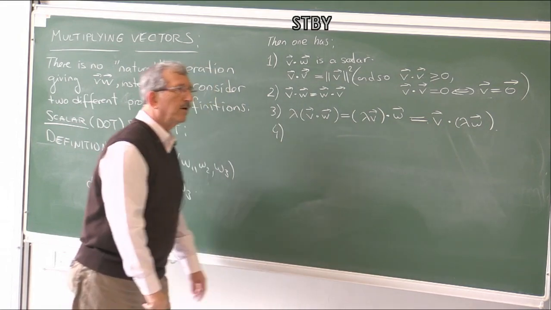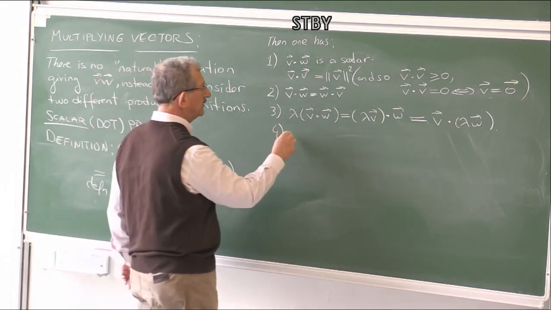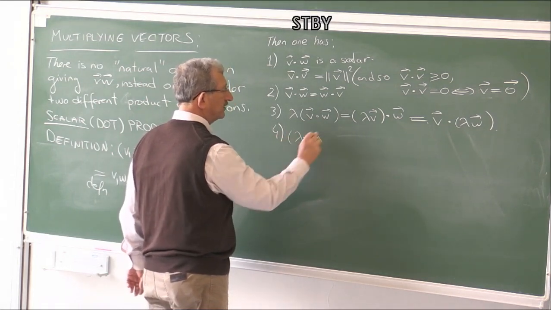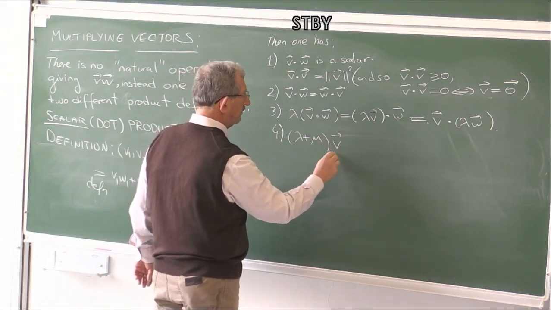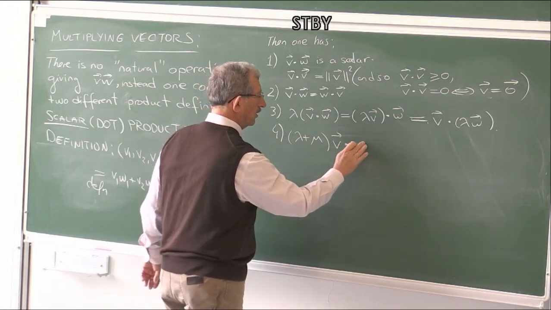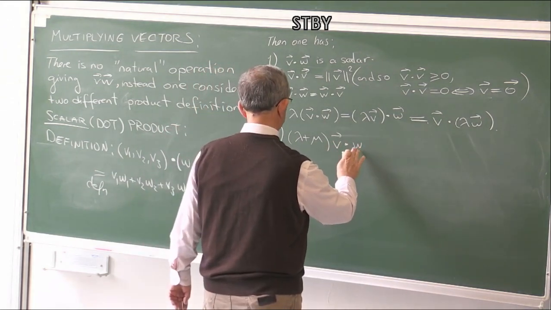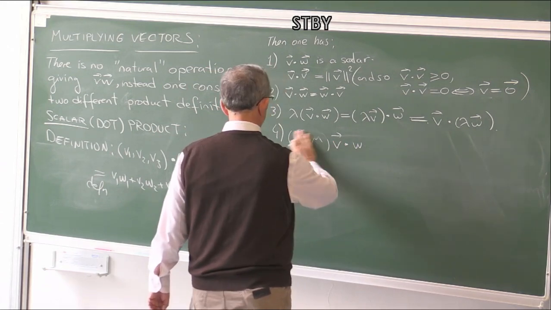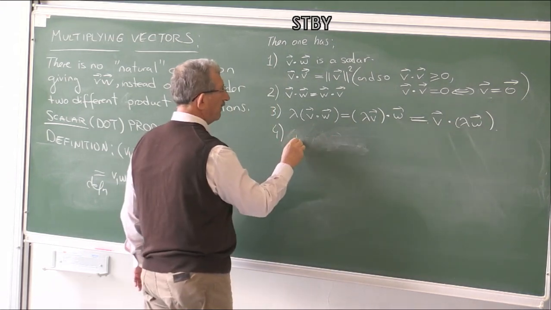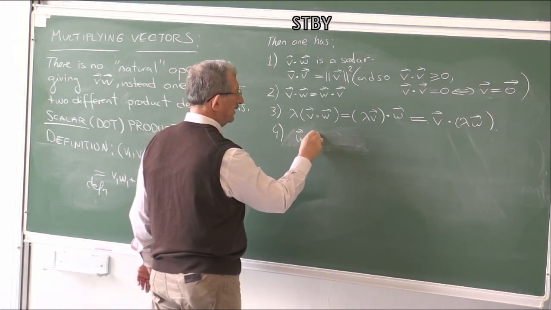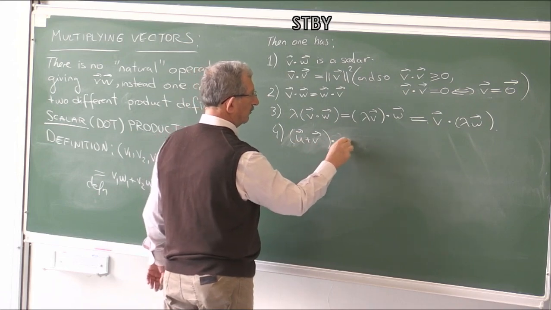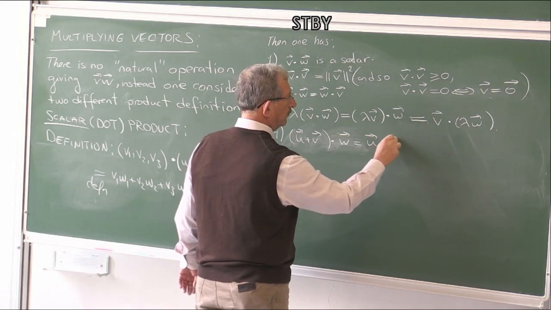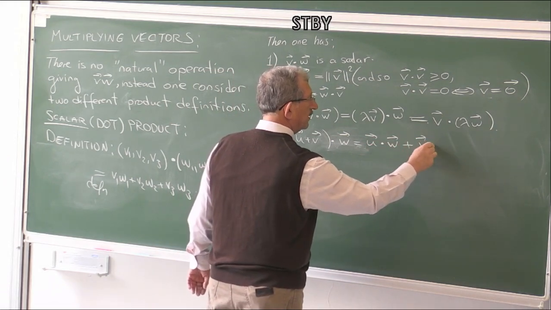You have distributive properties. Let me correct it. If you have u plus v dot w, you have u dot w plus v dot w.